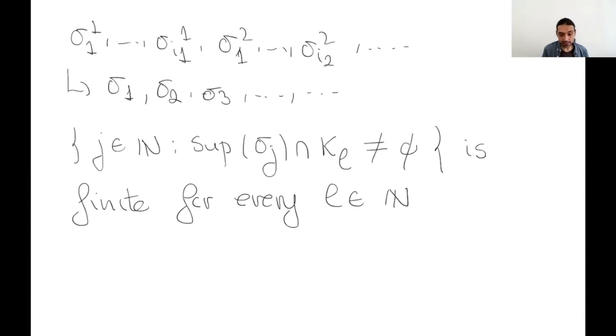And that implies, in particular, that the family of the supports of the sigma j's is locally finite.